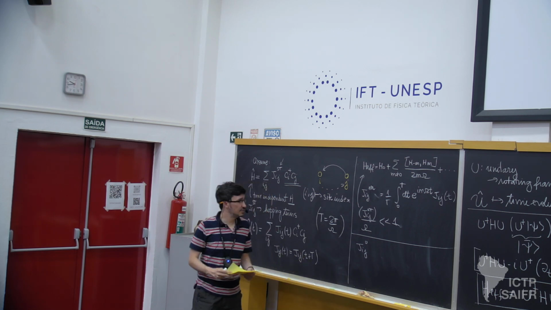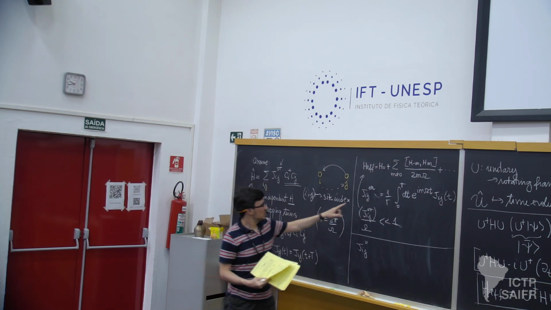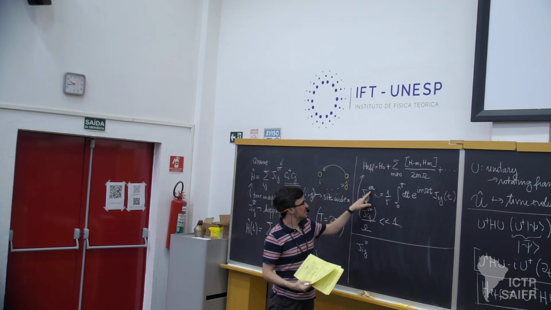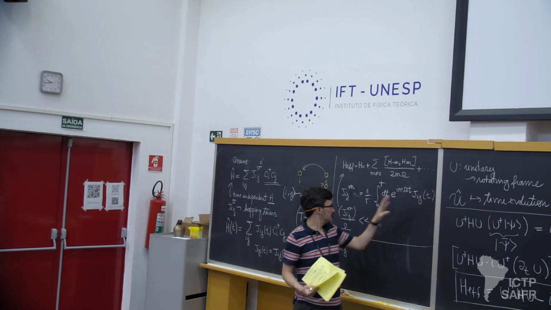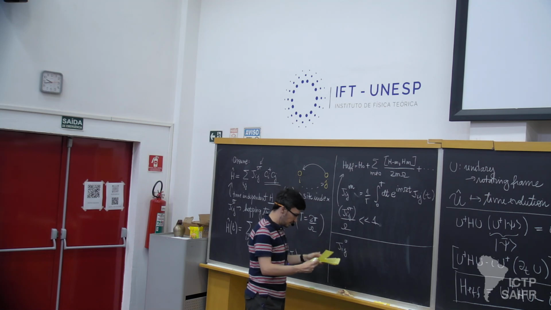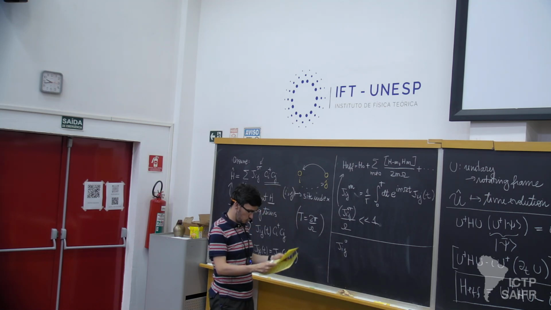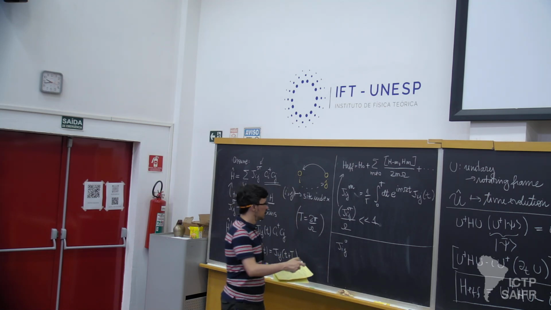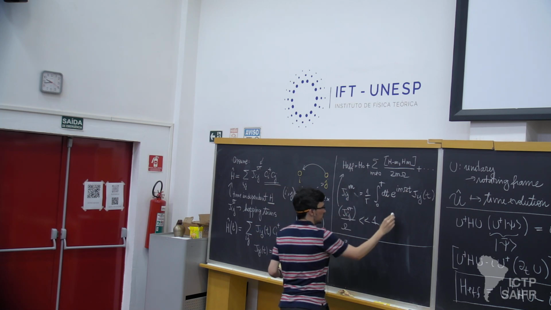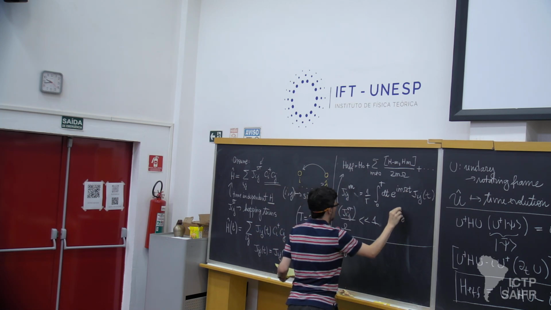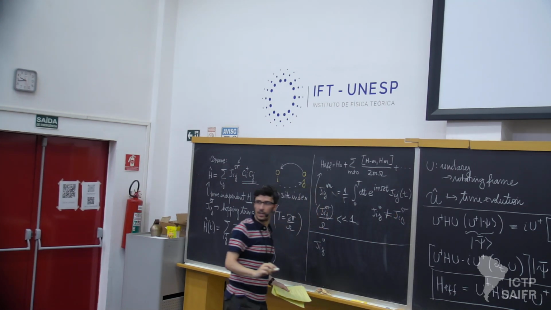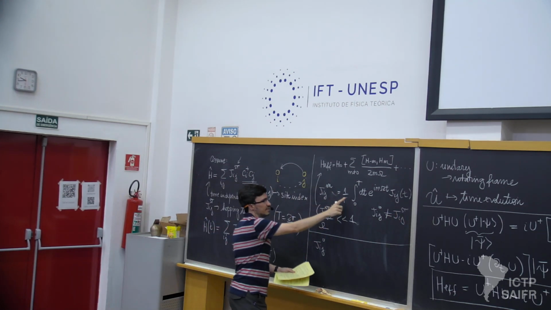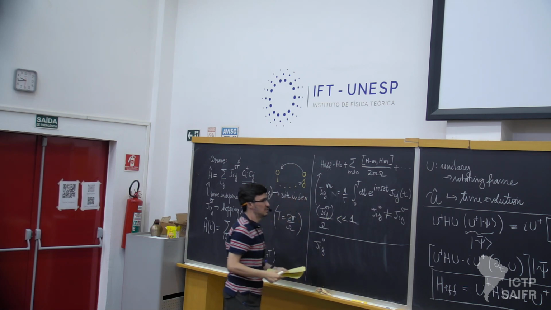I'm going to use the notation J_ij of m. So for example, J_ij of 0 is not equal to J_ij stationary, because J_ij of 0 is the time average of this thing here.